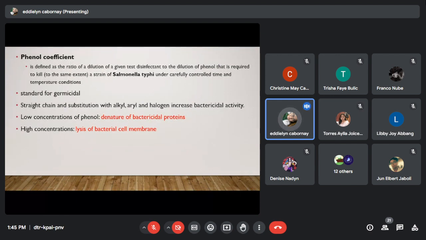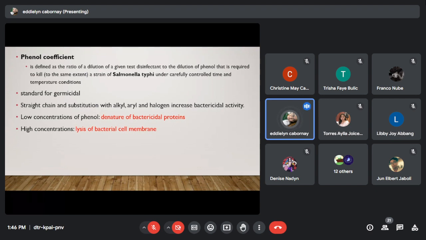The phenol coefficient is defined as the ratio of the dilution of a given test disinfectant to the dilution of phenol that is required to kill a strain of Salmonella typhi under carefully controlled time and temperature conditions. As we have our discussion, I will mention the different phenol coefficients of the different compounds.